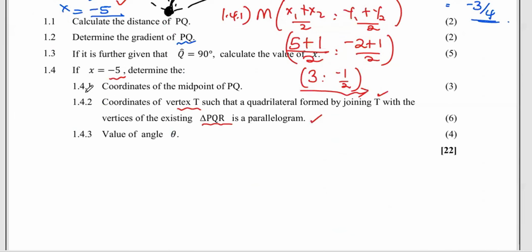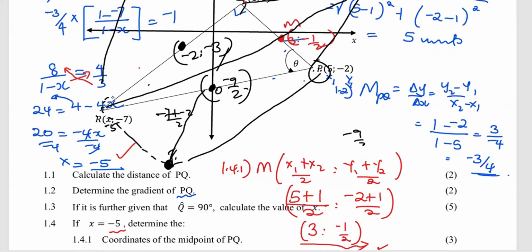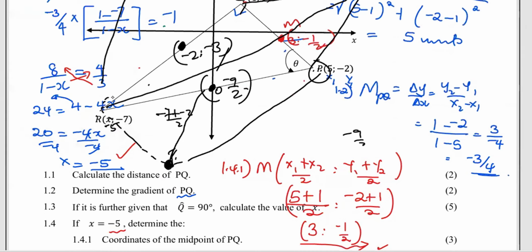And then they want us to get the value of theta. For us to get theta, we have the distance PQ. Let me use a different color. We said PQ was 5 units. Then we can either find the distance PR or the distance QR, and then use the trig ratios since this is a 90 degree angle. Let me find QR so that I use tan.